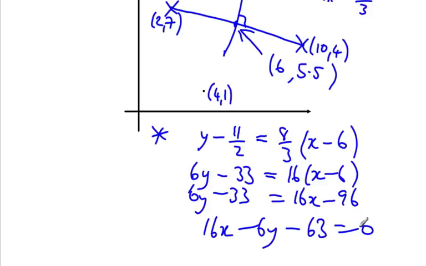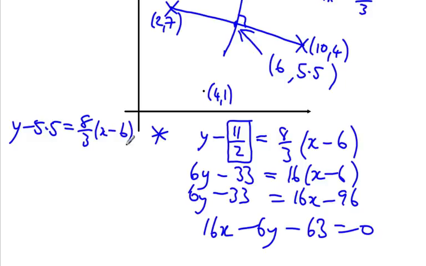Now, I only wrote this because it's just nicer using fractions than it is using decimals, but if you did it with decimals, you'd get this. And you'd multiply everything by 3 because that's what we do, and you get 3y minus 16.5, 48.